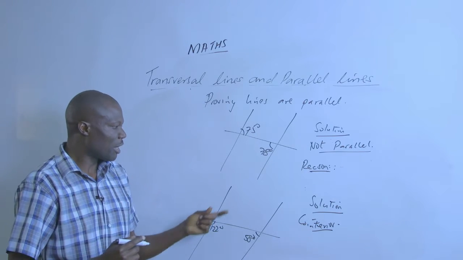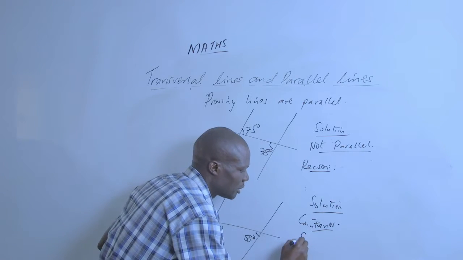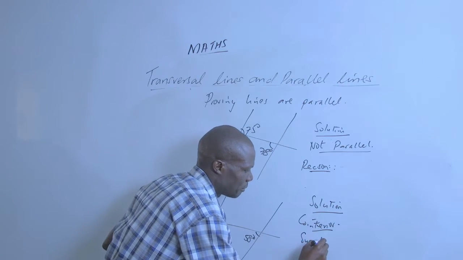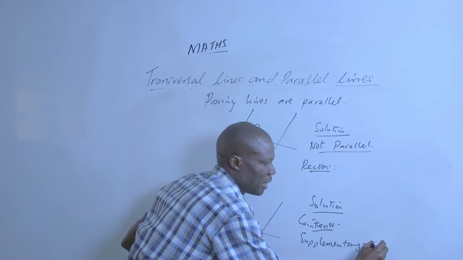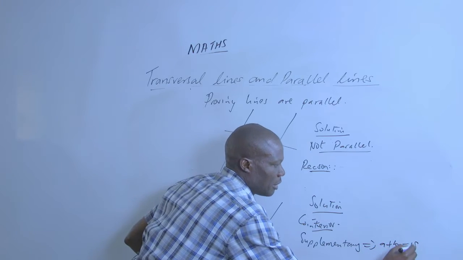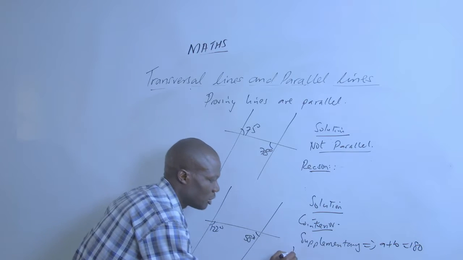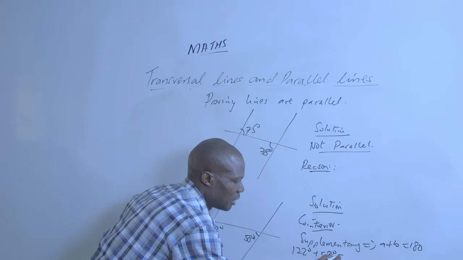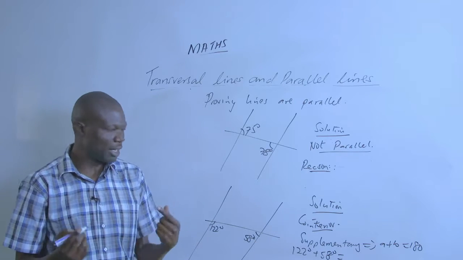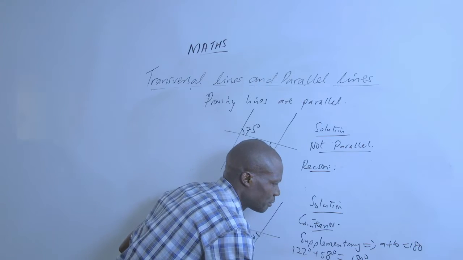The relationship, if the two lines are parallel, then it means that they should form supplementary, which implies that A plus B is 180. Let us see. 122 degrees plus 58 degrees. Does it give us 180 degrees? You'll find that it is 180 degrees.